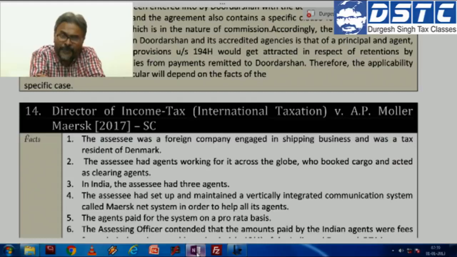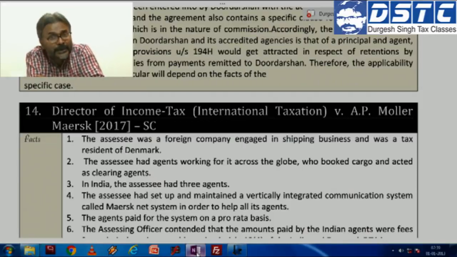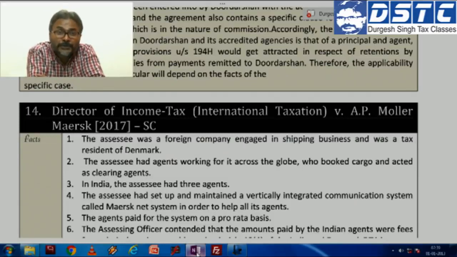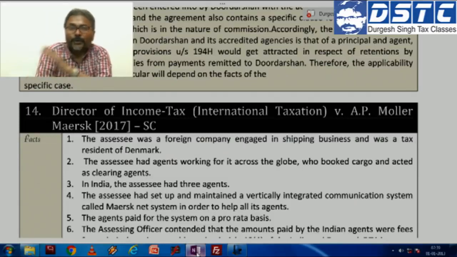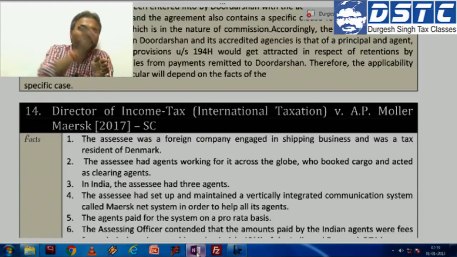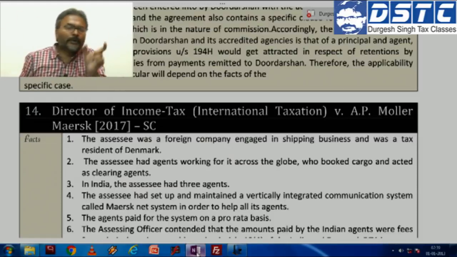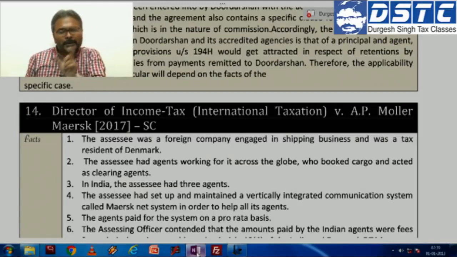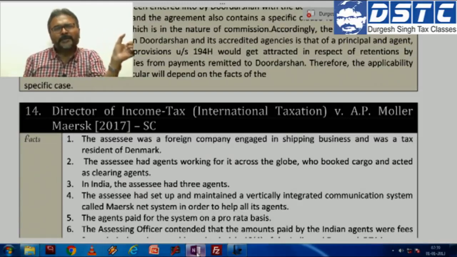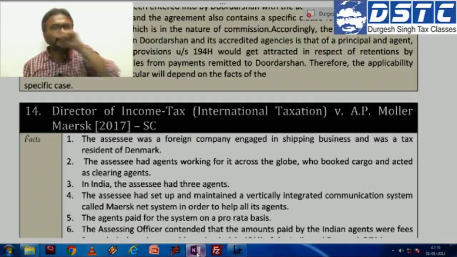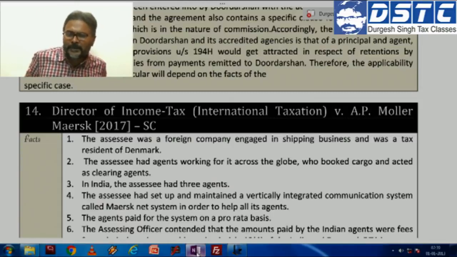And therefore, the foreign company takes reimbursement of that cost which is charged to them by the software solution providers. So the foreign company, this multinational company, took reimbursement of the ERP system which was set up in the Indian agent's premises.